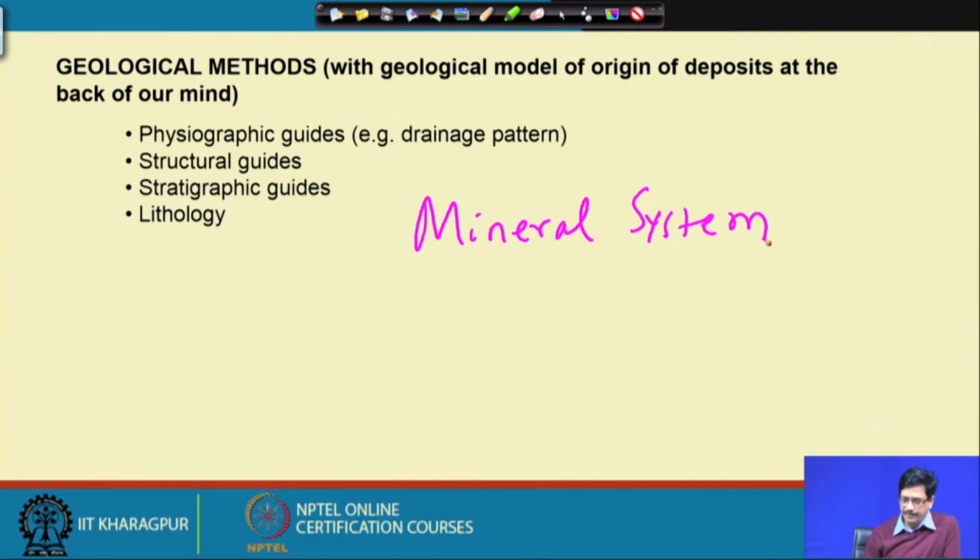this mineral system has some very critical processes. The example that we have seen is a volcanogenic massive sulphide deposit in which a rift has to be present. In any case, it has to be on a rift setting.